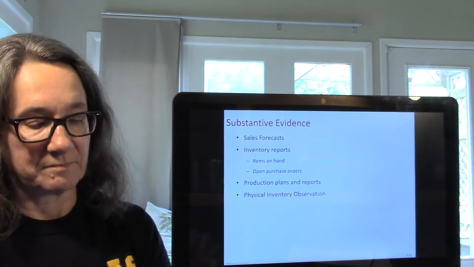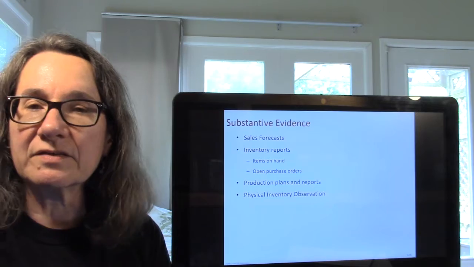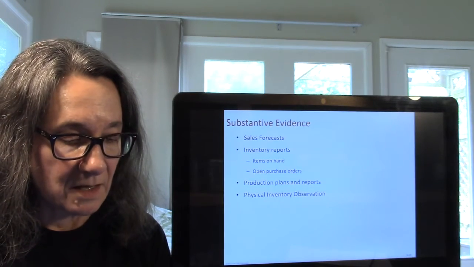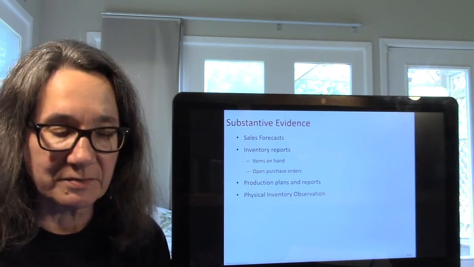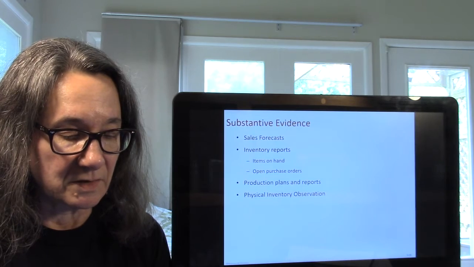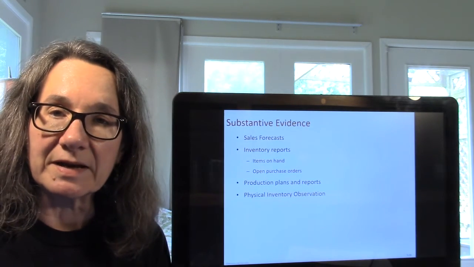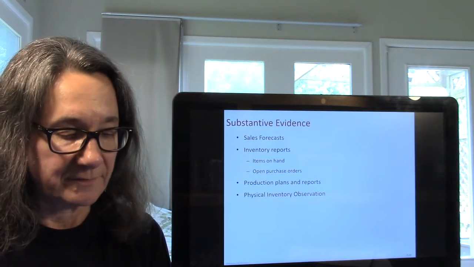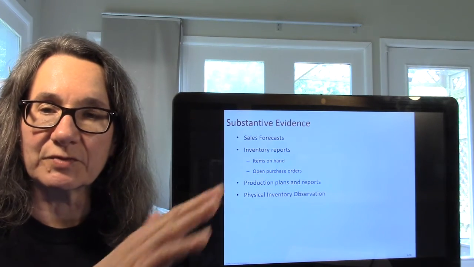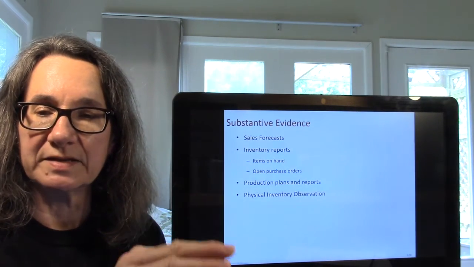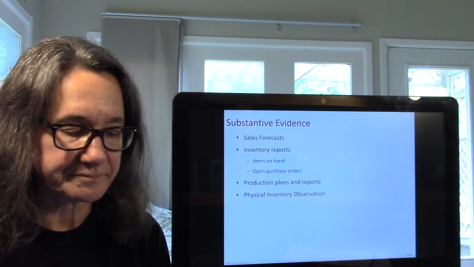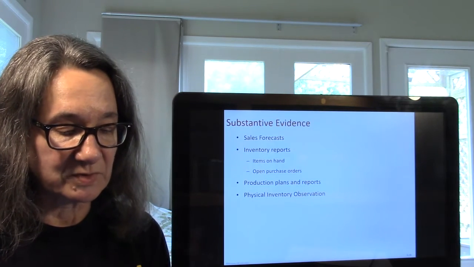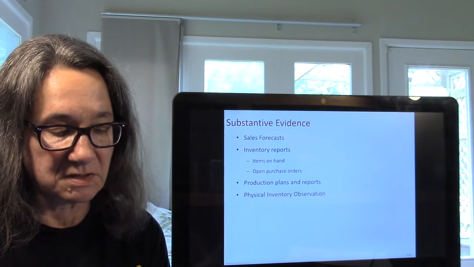Now, where can you get evidence? Well, sales forecasts tell you how many they were supposed to sell, which can tell you how many they should have made, right? Which can help you understand, well, if you said you were going to sell this much, you should have made this much. Did you? Right? Inventory reports. There's going to be a lot of reports.